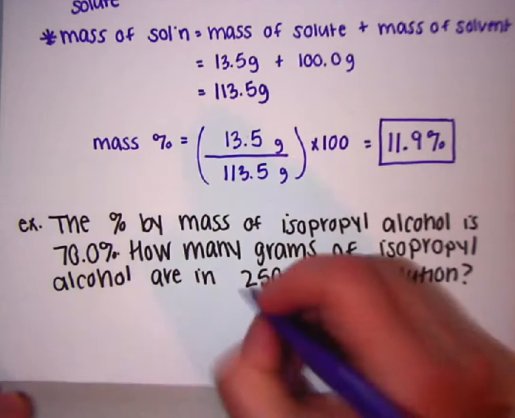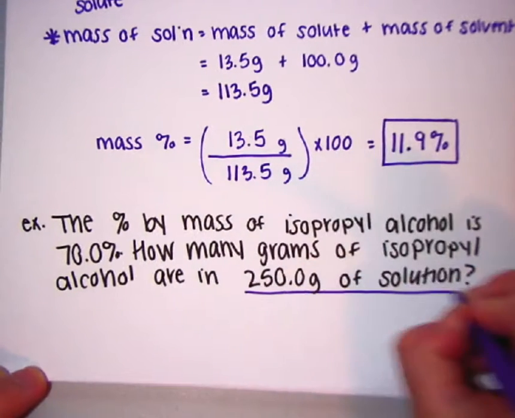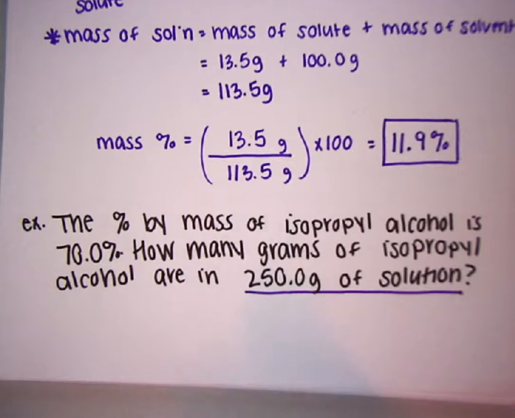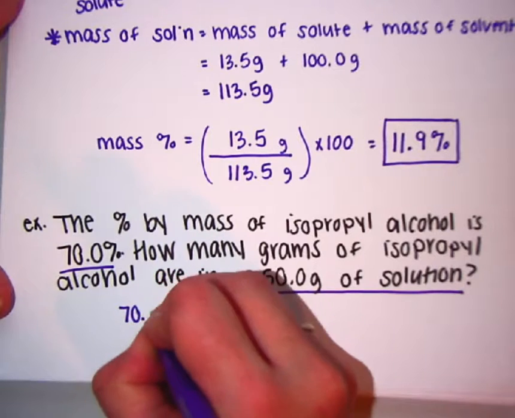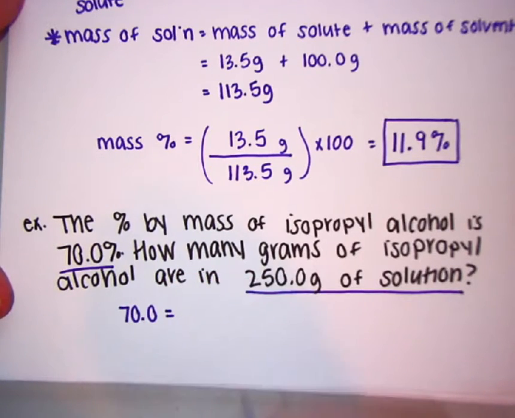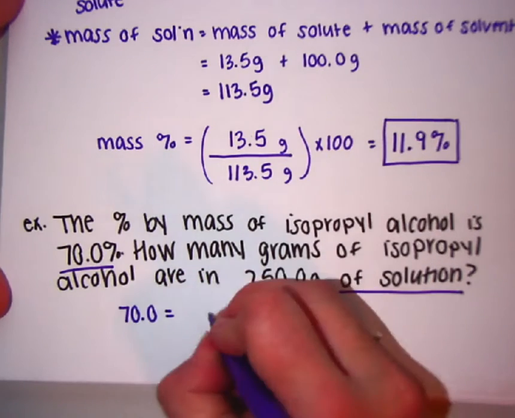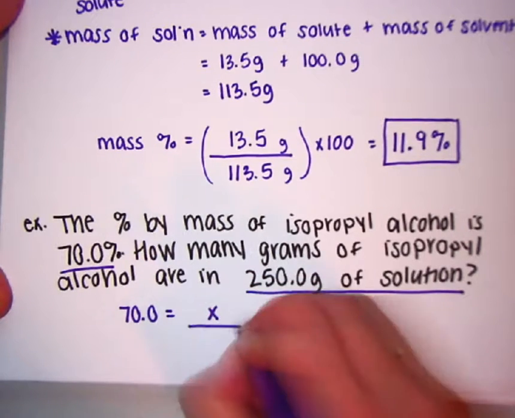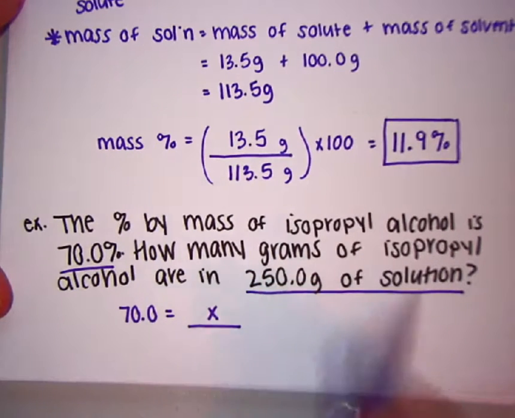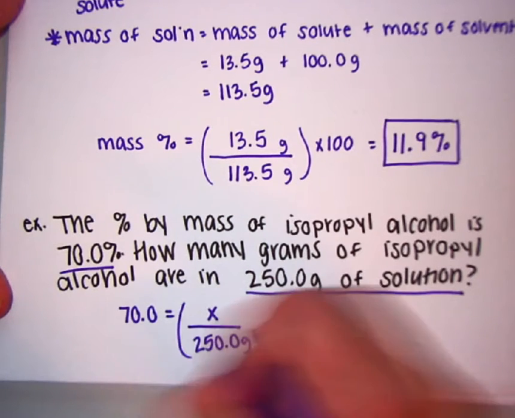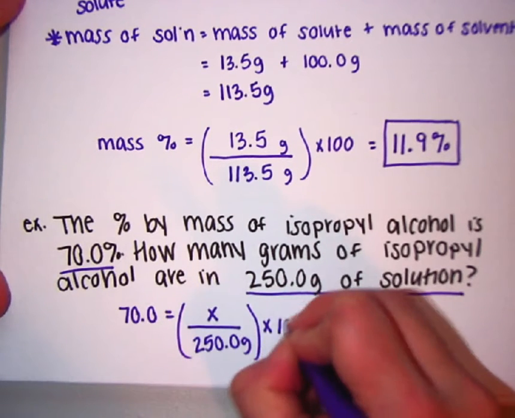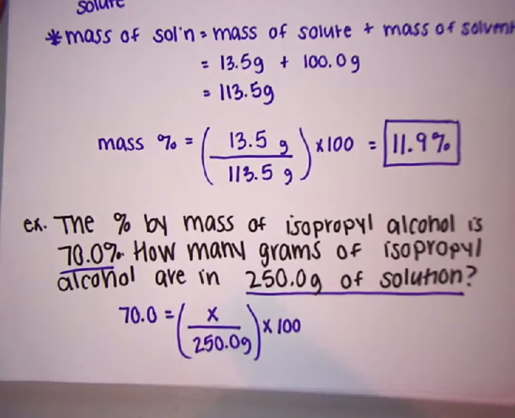So in this case, we are not given the mass of the solvent. We're given the mass of solution, so that's going to be my denominator. Percent by mass, 70%. I'm solving for grams of solute all over mass of solution. So first thing we would want to do is divide both sides by 100.